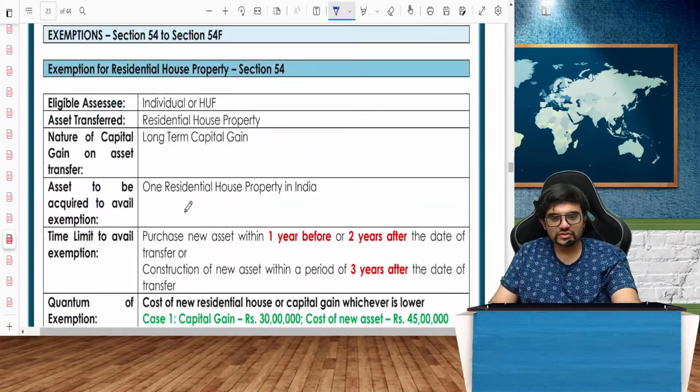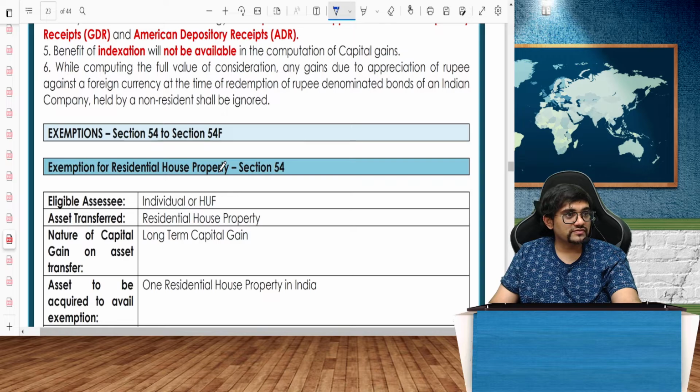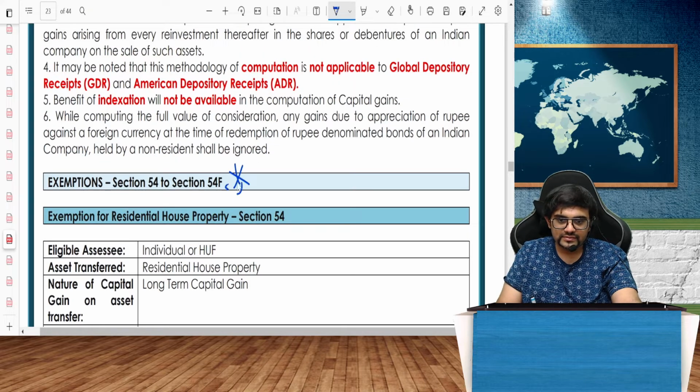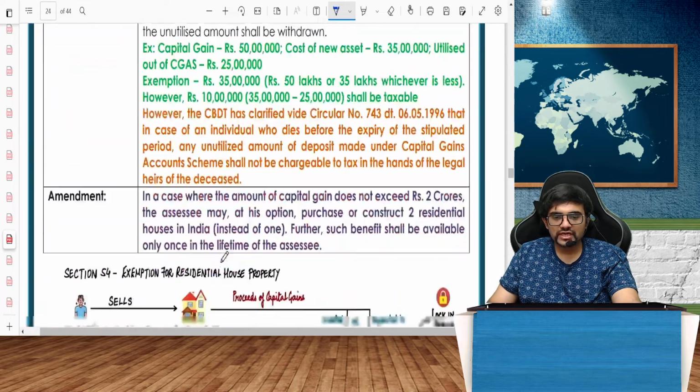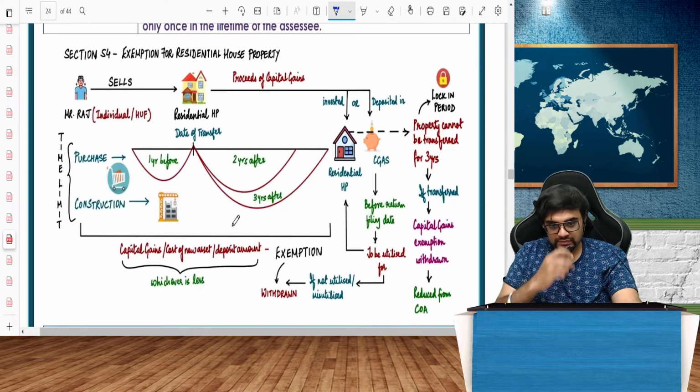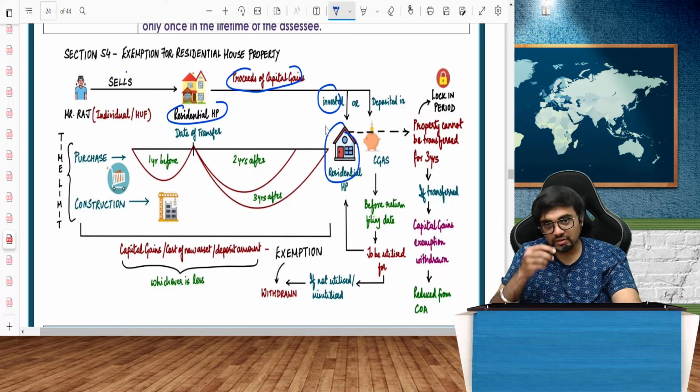That's the first proviso. Now coming to exemptions. Very, very important. 100% will ask in the exam. Section 54. Mr. Raj sells a residential house property. Proceeds of capital gain, he has to invest in one more residential house property.